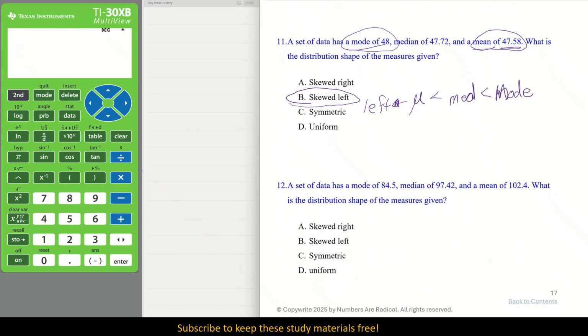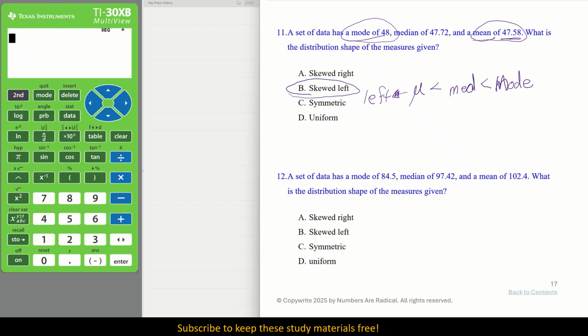It looks like all these answers are in the same order, so they're consistent. So let's look at number 12. A set of data has a mode of 84.5, a median of 97.42, and a mean of 102.4.